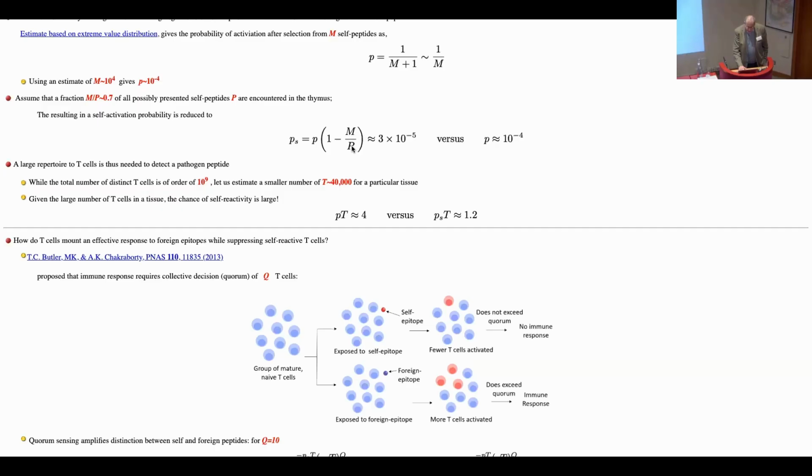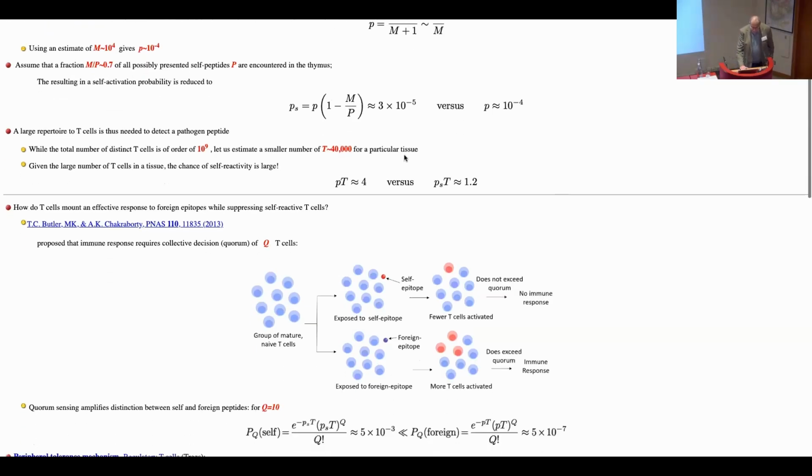Let's call that fraction M over P, M being the number that you have seen, and P is the totality of the self-proteome that would potentially be represented. And choosing some value of, say, seeing 70%, which is actually rather high, essentially reduces this probability from 10 to the minus 4 by 70% to 3 times 10 to the minus 5.